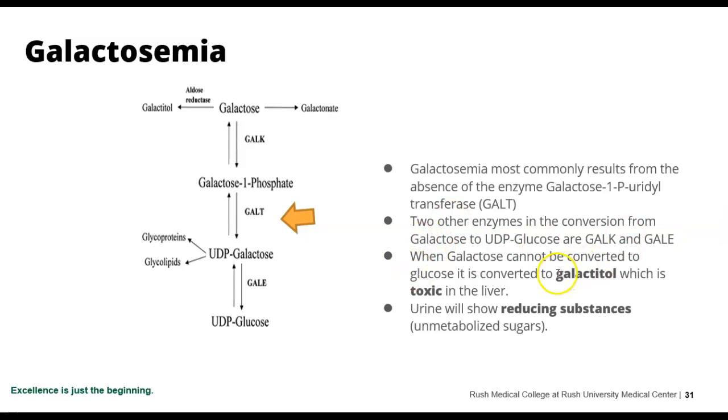These are less common, but when we cannot convert galactose to glucose, and all 3 of these result in what we would consider galactosemia, galactose is then turned to something called galactitol. And galactitol is toxic to the liver, and these unmetabolized sugars are seen in the urine as reducing substances.